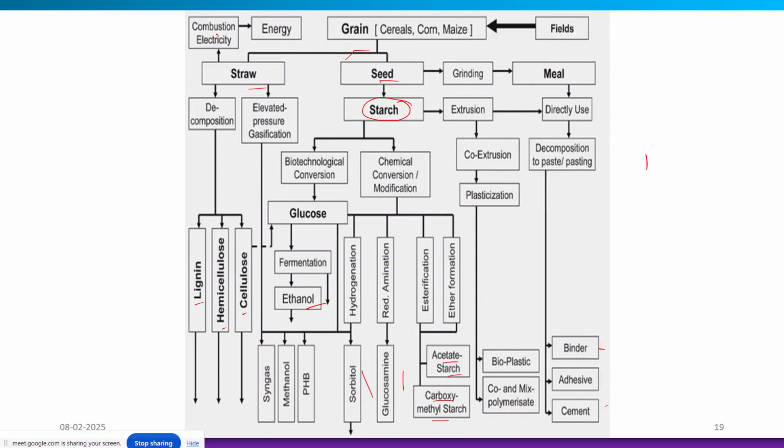Another one, this residue can be combusted to produce energy, as well as the residue that we are getting from the seed grinding and milling. This also can be used as adhesive, binder and cement. A lot of opportunity is there for these whole crop biomasses. So this whole crop biorefinery is very effective.